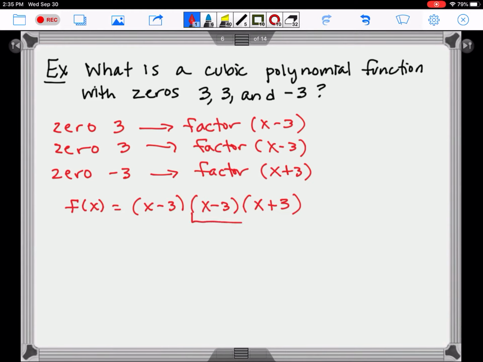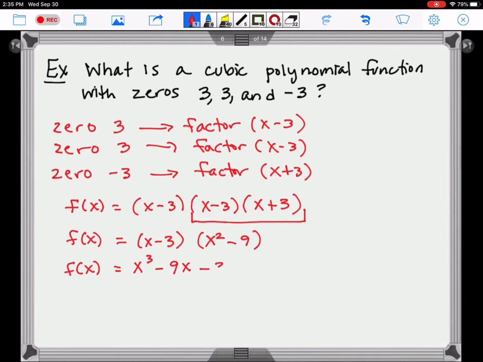Well, we've already established that multiplying those two parts, I get x squared minus 9. So now, when I FOIL, I'm going to multiply the first term, and I want to FOIL it to get it into standard form. So my first term is x to the third. The outside term is a negative 9x, and the inside term is a negative 3x squared. And the last term is a positive 27.